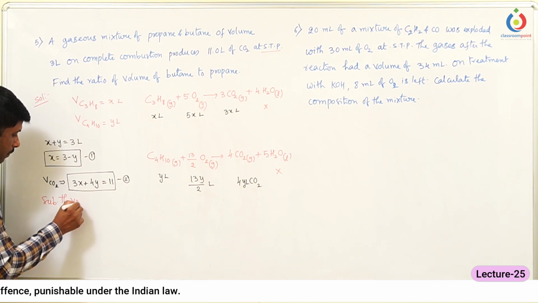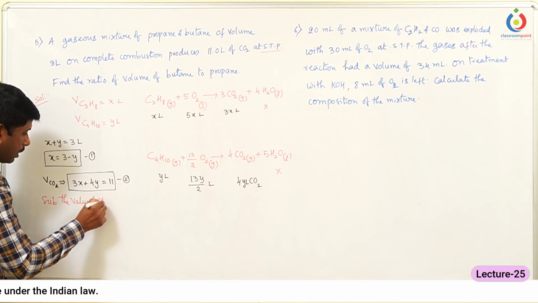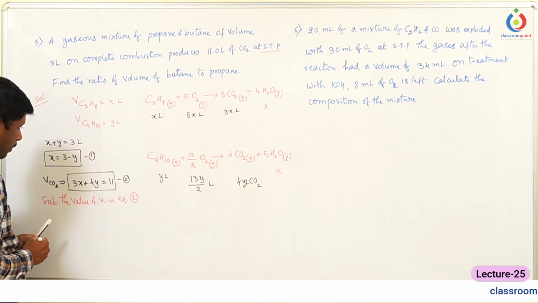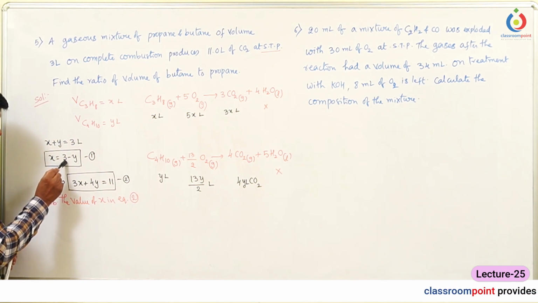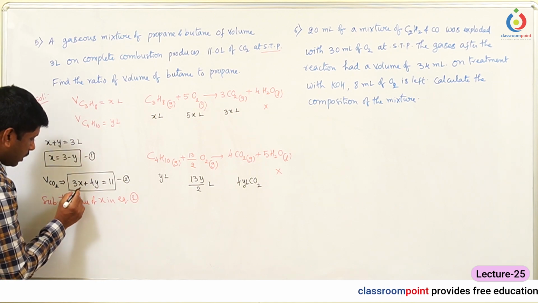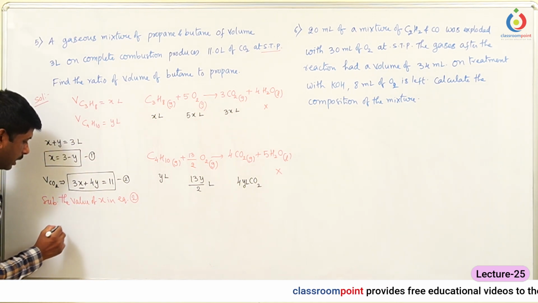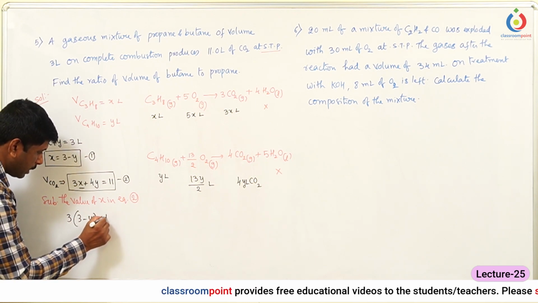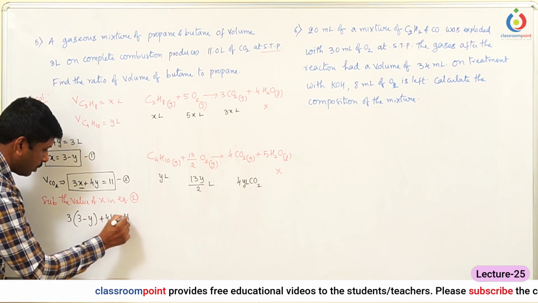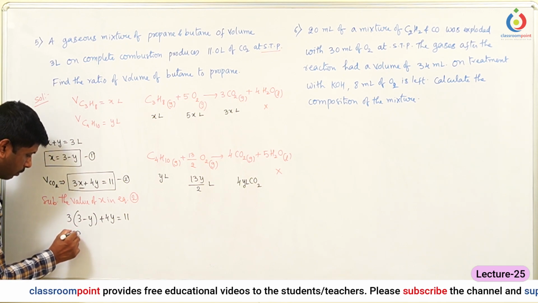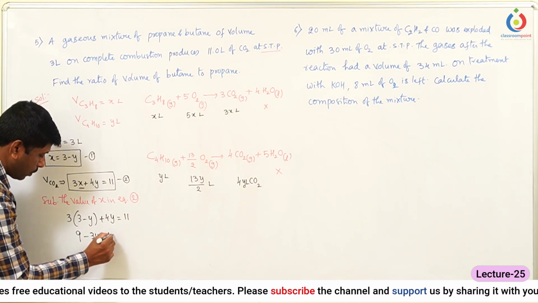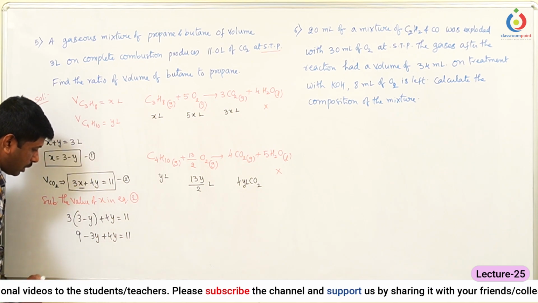Now substitute the value of x in equation 2. What is the value of x here? 3 minus y. So in the place of x we can write 3 minus y. So 3 into (3 minus y) plus 4y is equal to 11. 3 into 3 equals 9, minus 3y plus 4y is equal to 11.